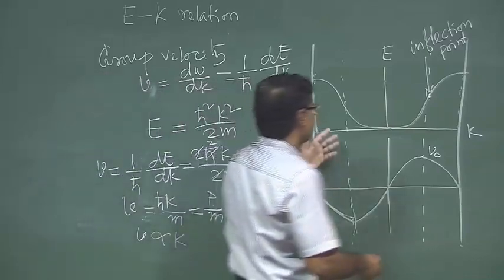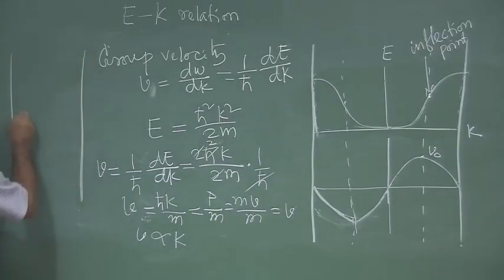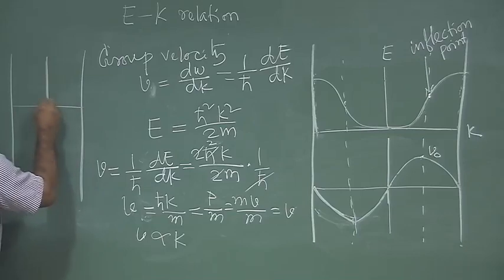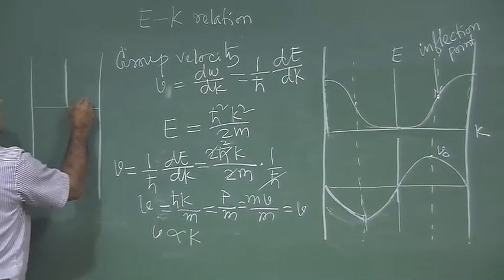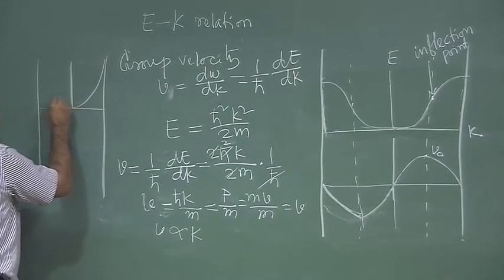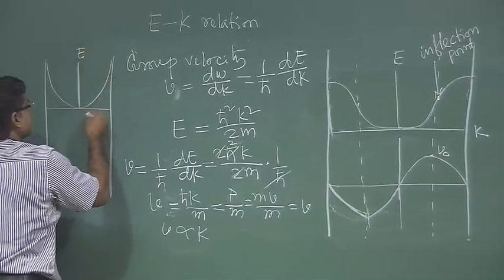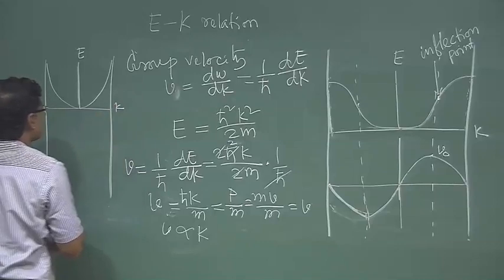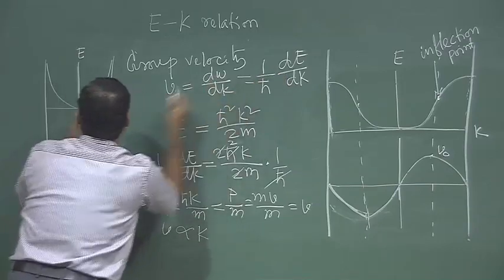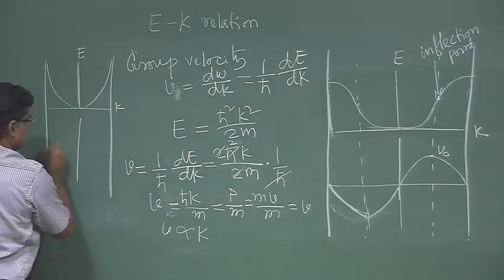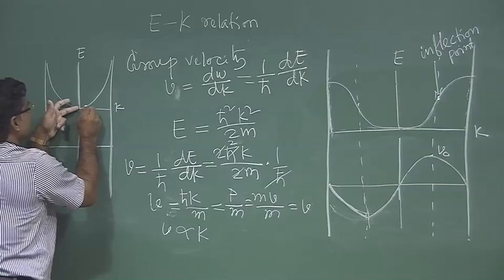If I draw here, for a free electron the E-k curve was just a parabolic curve. Now the corresponding velocity, if you draw from here, you can see the slope is changing continuously.